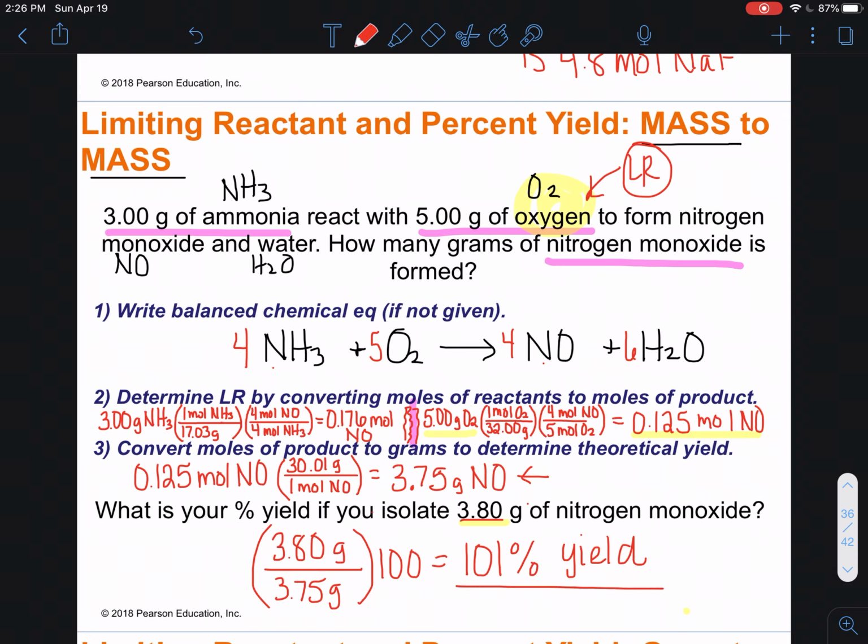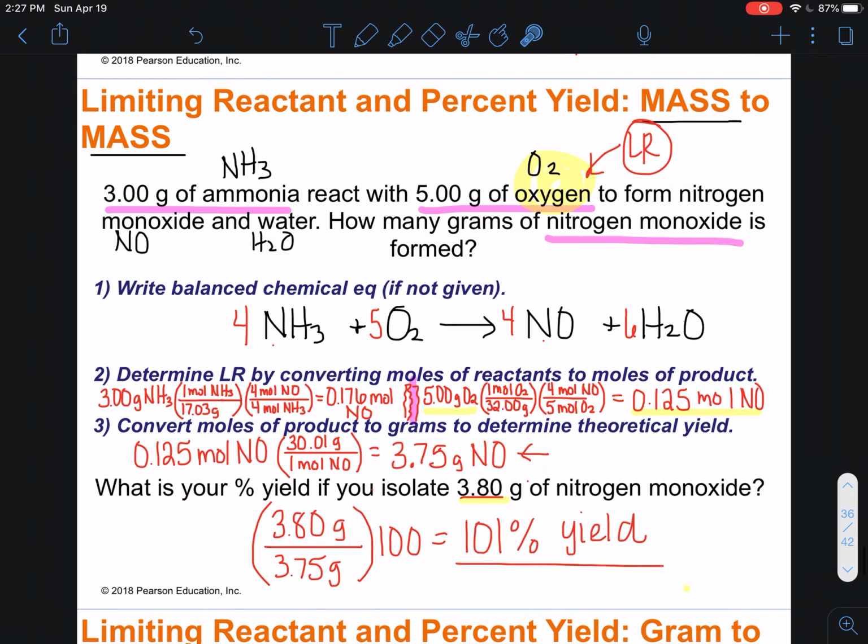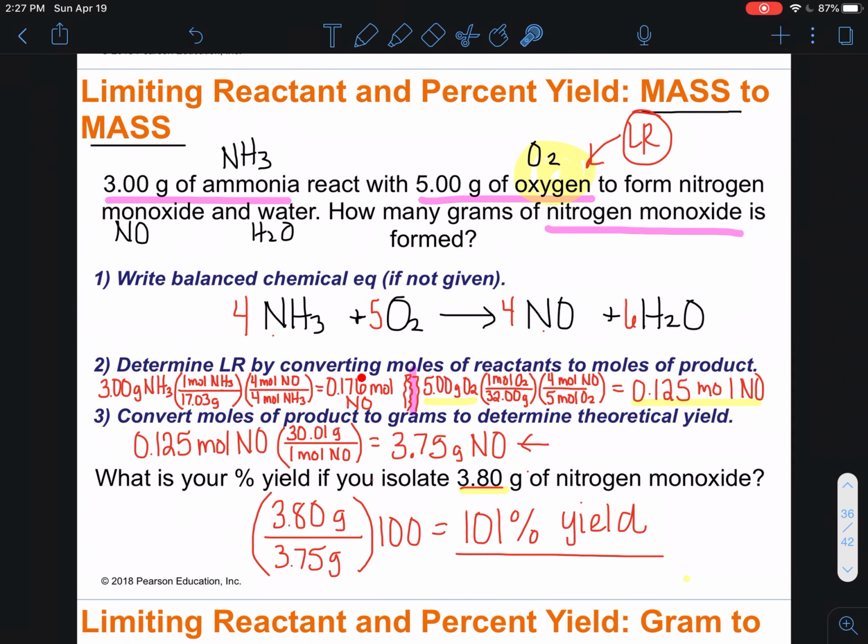All right, so what did I do? Let's go through it. First, I wrote a balanced chemical reaction, making sure to balance it. Then I determined the limiting reactant by converting moles of reactant to moles of product. I did that here and here. The reactant that gave me the least amount of product was O2, so O2 is my limiting reactant.